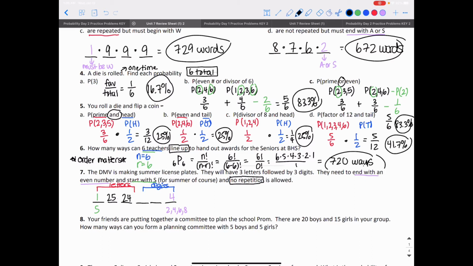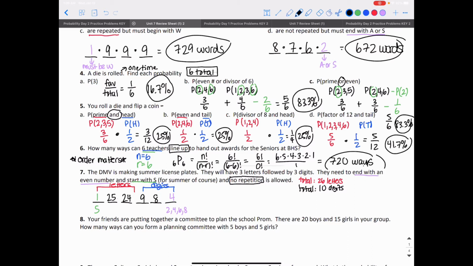For the digits, I know I've already picked 1 for the last, so there's a total of 26 letters, and a total of 10 digits to choose from, or 10 digits as options. So I'll have 9 digits left for that first digit, or the 4th character in the license plate, and 8 left for the 5th character in that license plate.